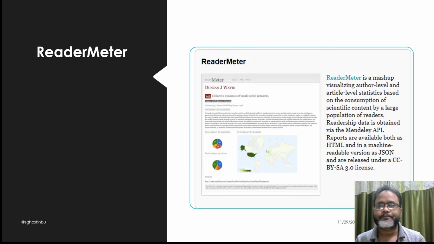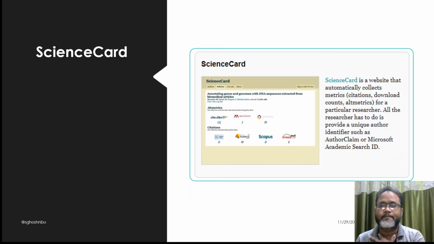Readermeter, the same thing, is a mashup for visualizing author level and article level statistics, obtained via the Mendeley API. Reports are available in HTML as well as JSON files. ScienceCard is a website collecting data by the author's claim or Microsoft Academic Search ID.